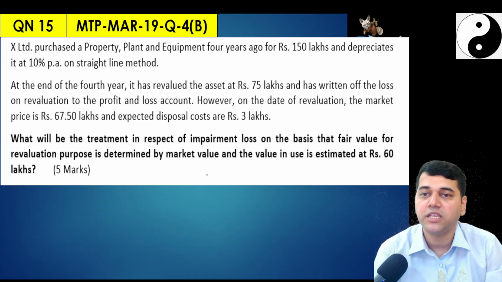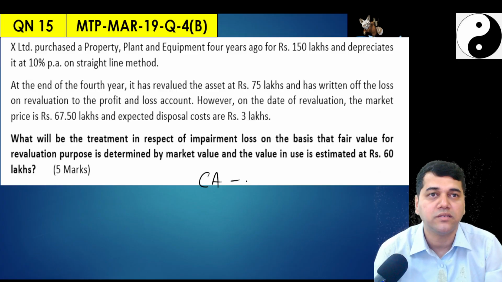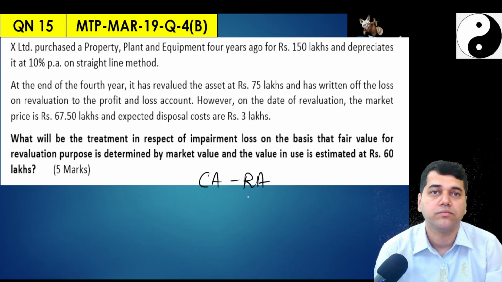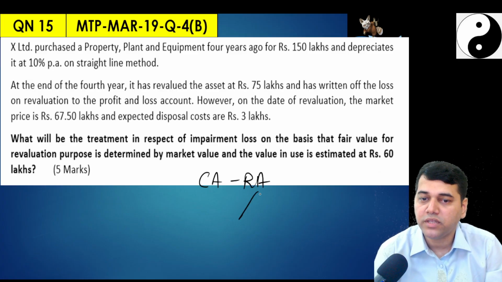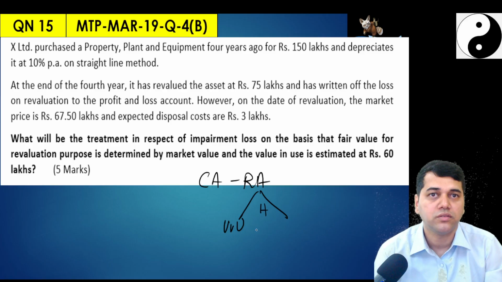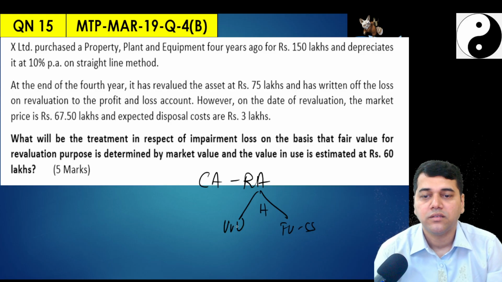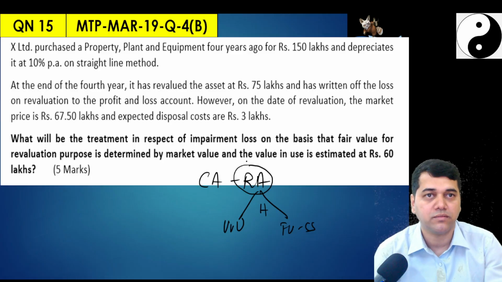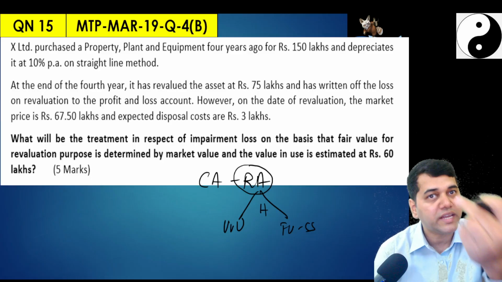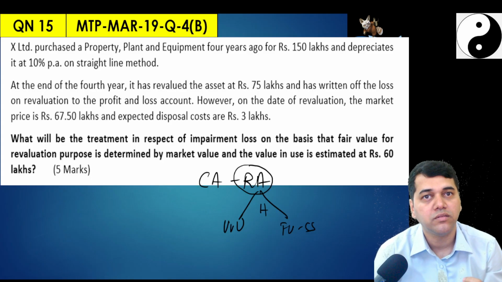Impairment is nothing but carrying amount minus recoverable amount. Recoverable amount is the higher of value in use or fair value less cost to sell. The logic here is that recoverable amount means how much cash you are going to get, and there are only two ways you can get cash from the asset. What is that?